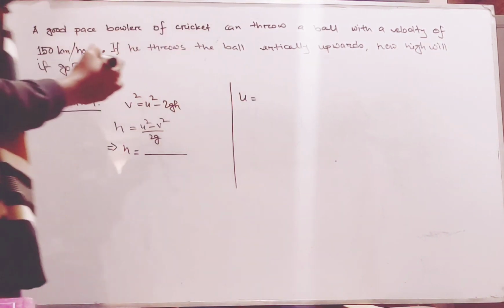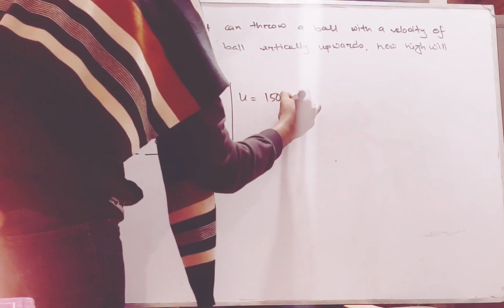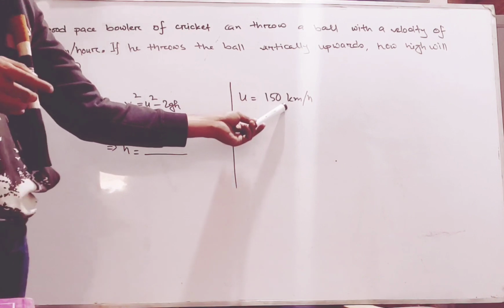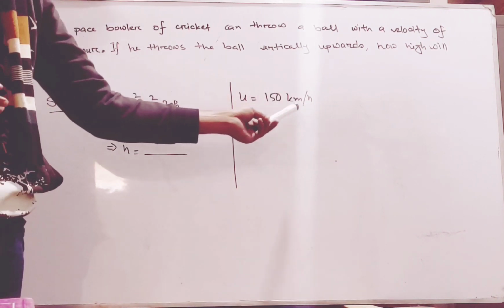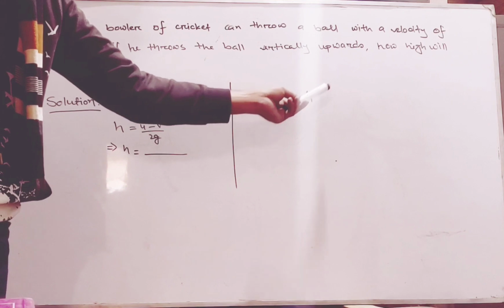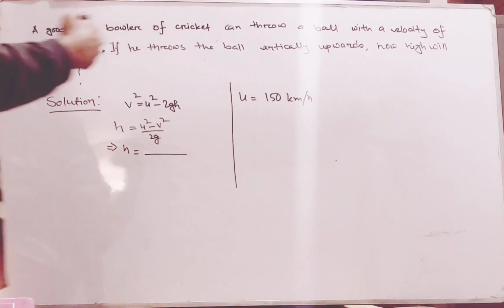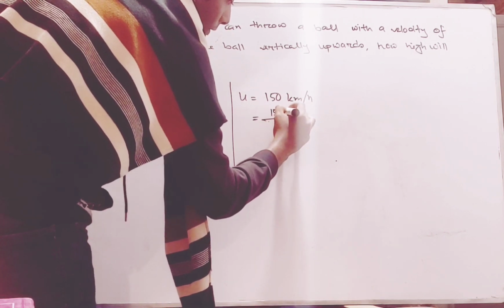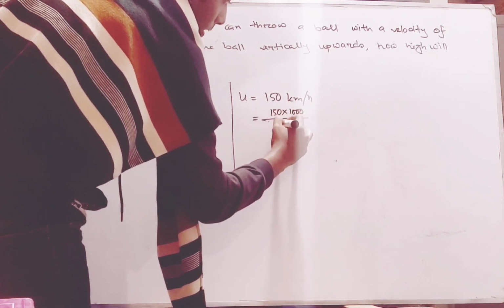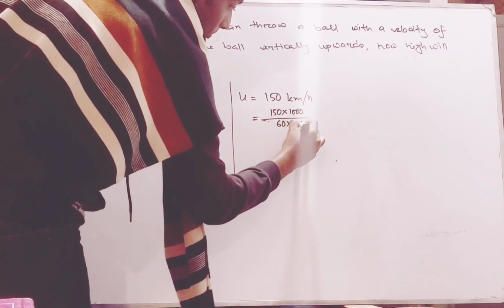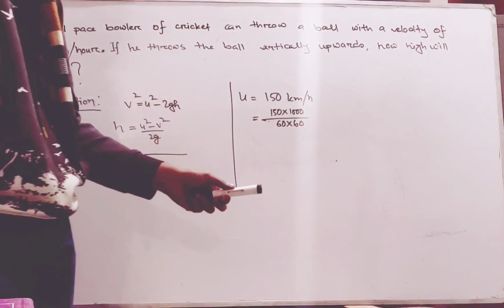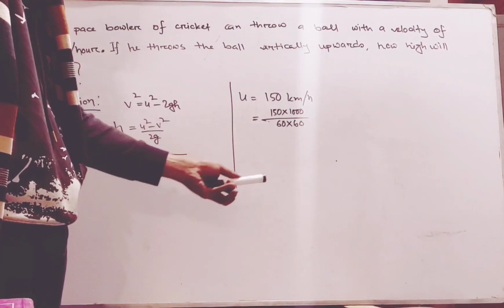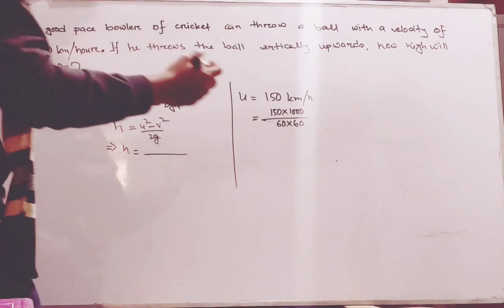u equals 150 km per hour. You have to remember that it is not meter per second, it is kilometer per hour, so we'll have to convert it. If we convert this, we get 150 into 1000 over 60 into 60, because 60 minutes make an hour and 60 seconds make a minute.